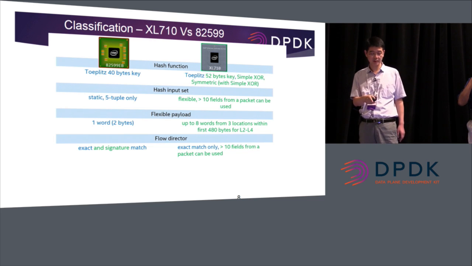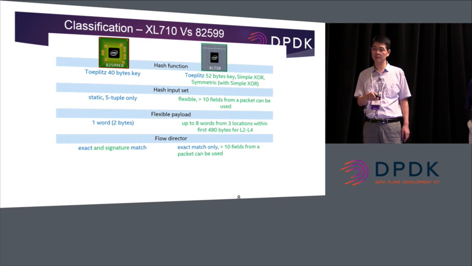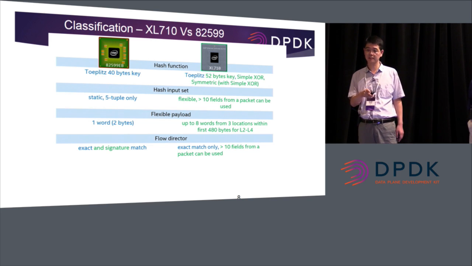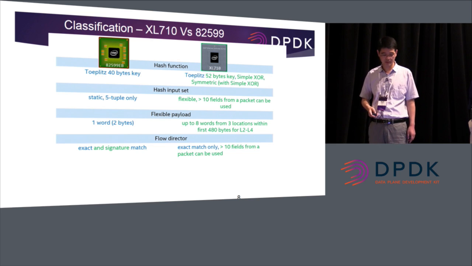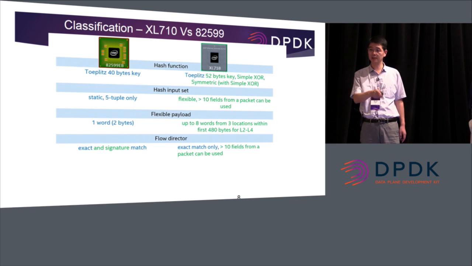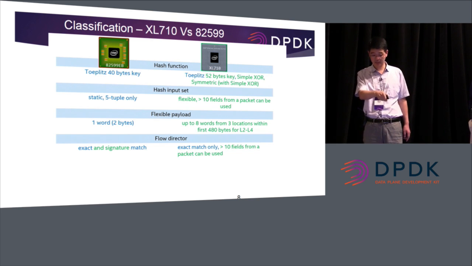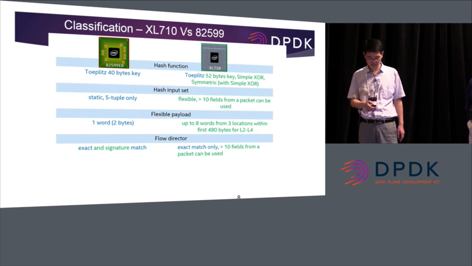For flow director, there are always more resources, but the big change is we use exact match only on X710. That's a big change. I know there are quite a lot of other changes, but I think this piece could be key. We always have more VSI resources, queue resources, or other resources compared to the previous generation of Intel NICs.